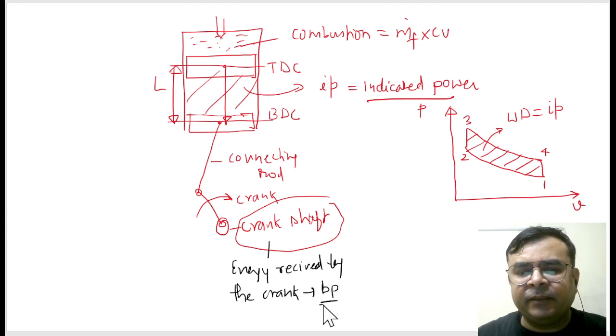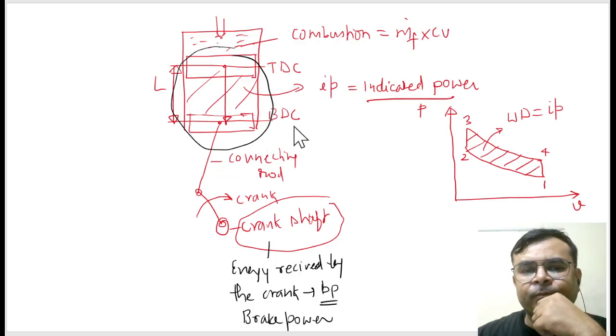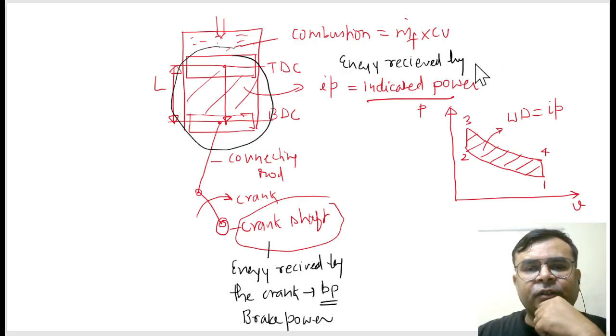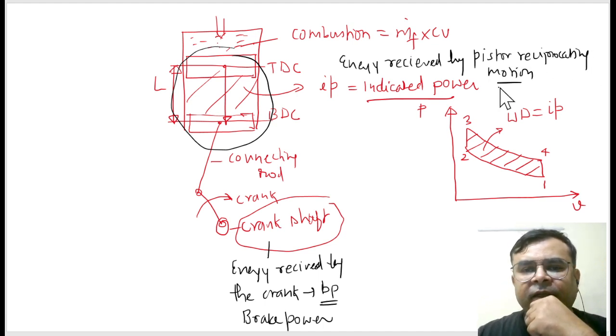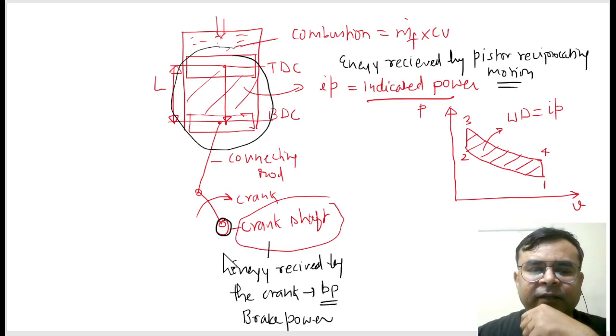So whatever energy is generated by the piston's reciprocating motion is called indicated power.